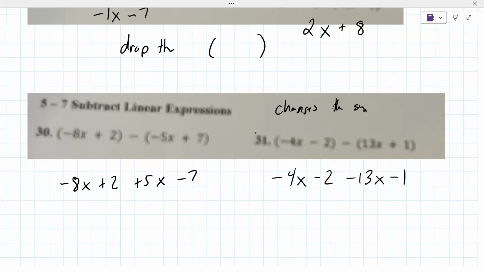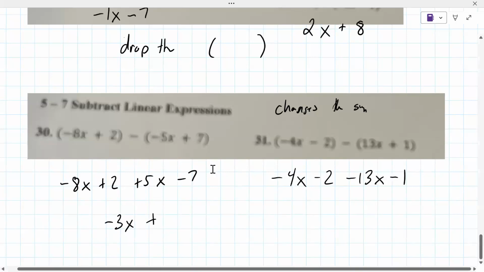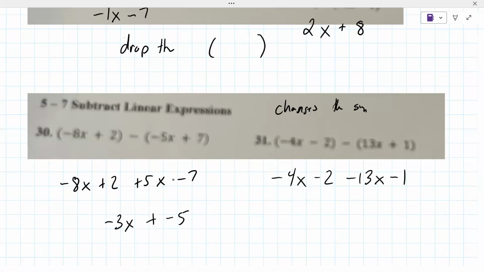Negative 3x plus negative 9. The first one is definitely negative 3x, but this one is minus 5.